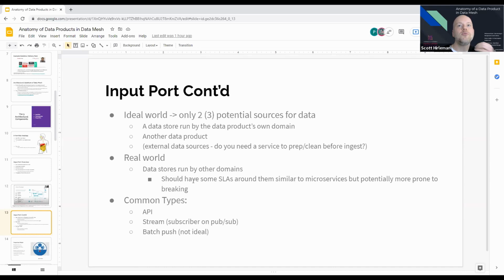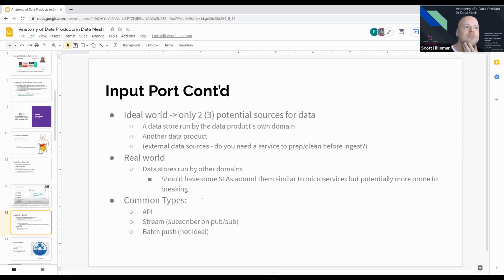Hopefully you're consuming something like a Kafka stream or CDC stream, so that you're not disrupting them when you're pulling. How you're doing that is important, and understanding that the ideal of what a data mesh looks like is not going to be what's real, especially as you're getting going.